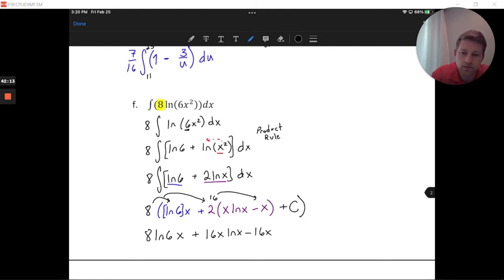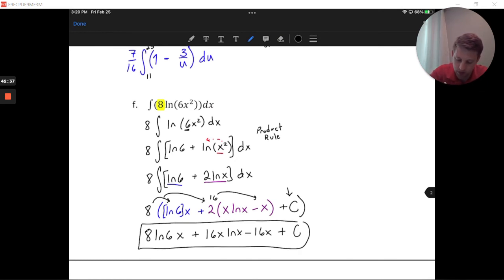Notice that if I distribute any constant here, this 8 distributed to just a constant plus c, it doesn't change this constant at the very end. So when we're done with this, we can just leave this as, again, a plus c. It's just going to be a different plus c, but we don't have to change that to anything. So that would be our final result if you wanted to have a distributed version.